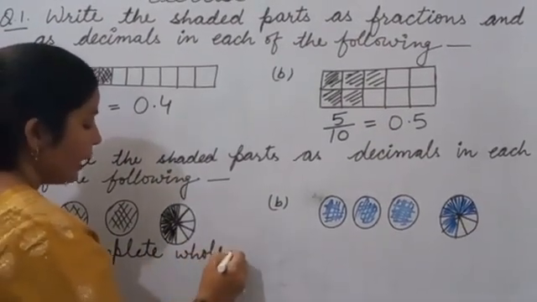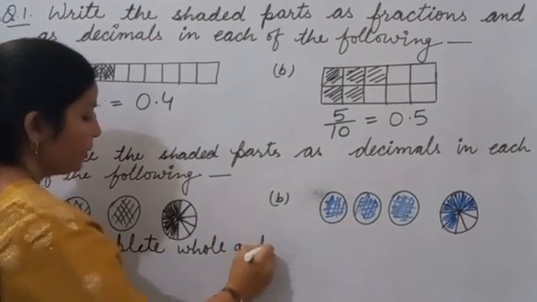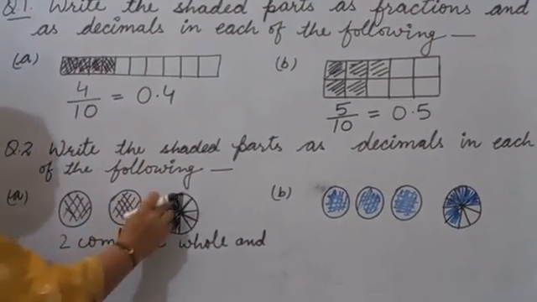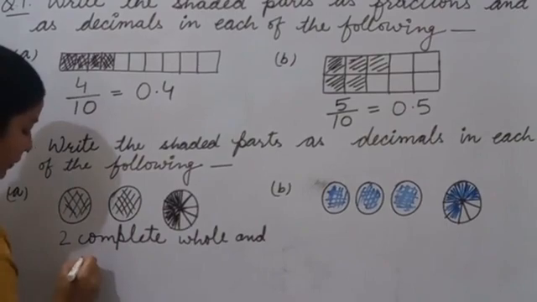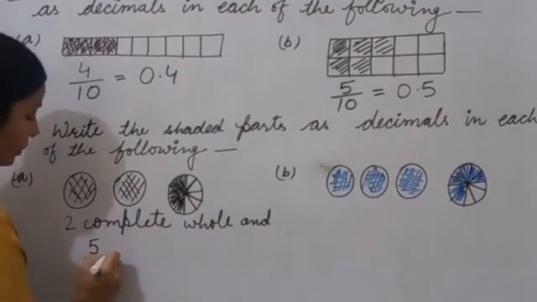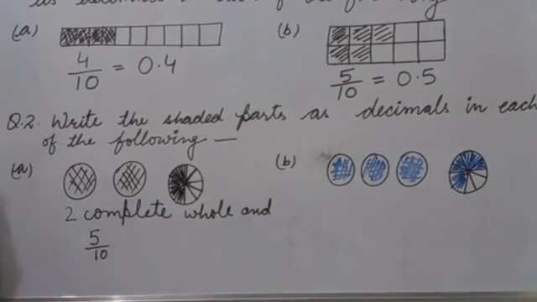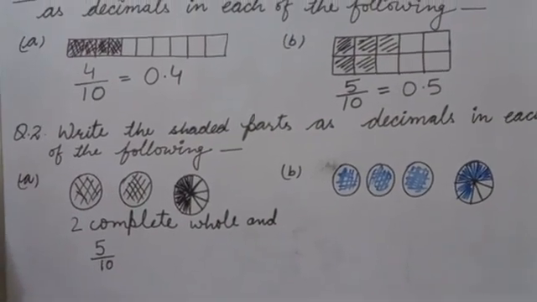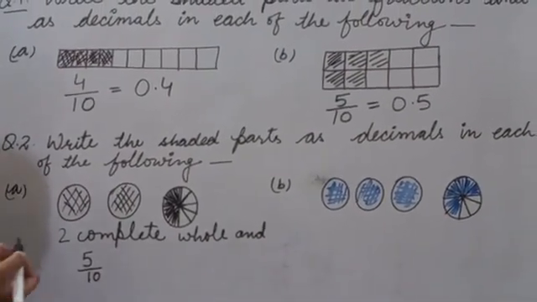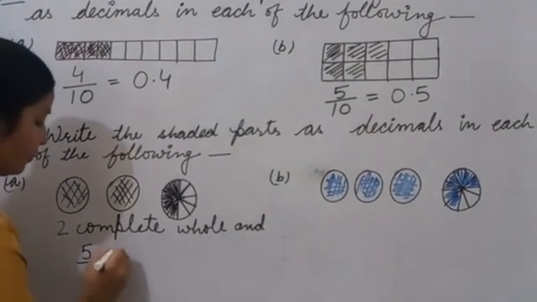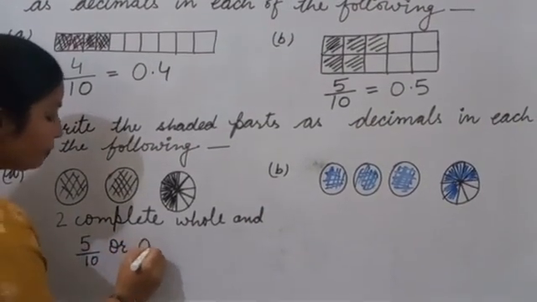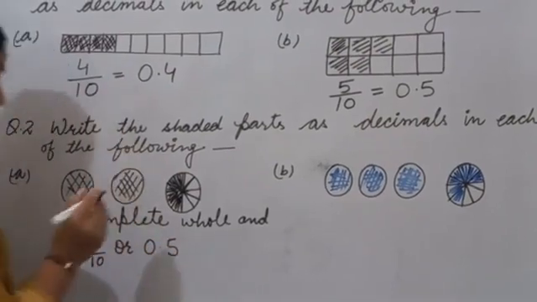And after that what do we have? 5 upon 10. Okay. Or 5 upon 10 how can we write? 0.5. 5 upon 10 को और हम क्या write कर सकते हैं? Or we can say that 0.5. Okay.